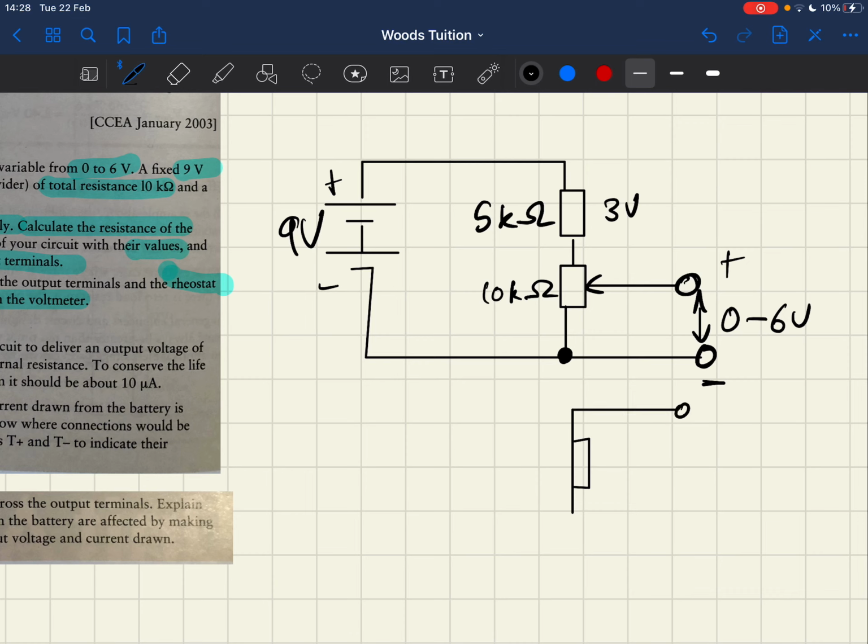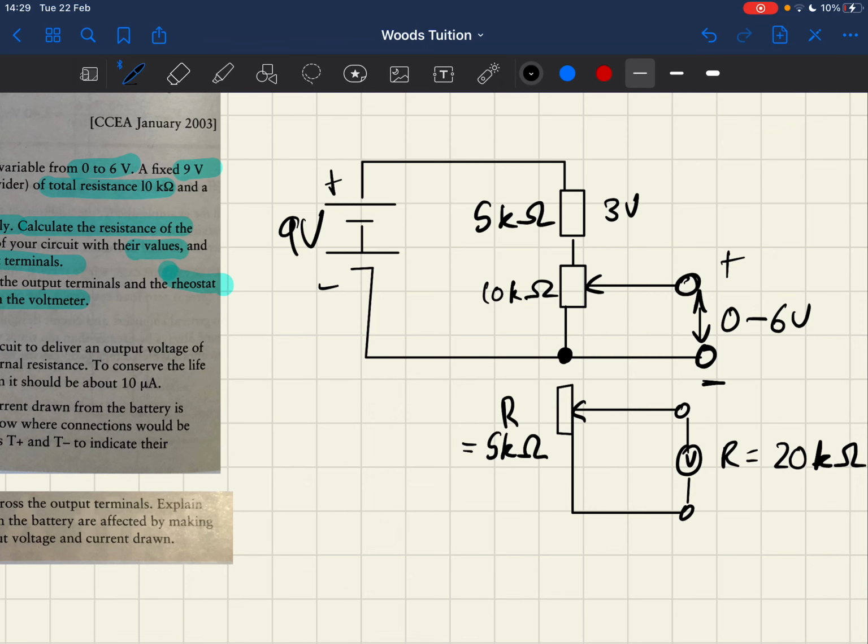And then we've got our terminals, which is going to have a voltmeter coming across it. Sorry, I've drawn this a little bit wrong. This is going to be at the midpoint of the resistor. So if it's at the midpoint of the resistor, then the resistance of this is going to be equal to 5 kilo-ohms. We know the resistance of this is going to be equal to 20 kilo-ohms.